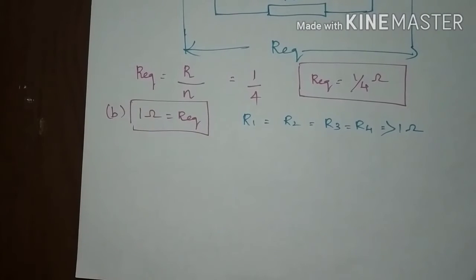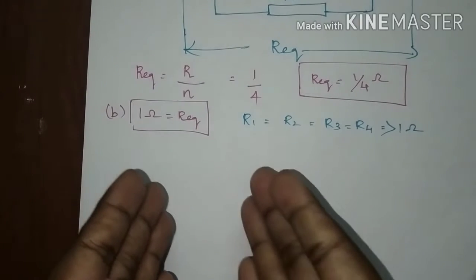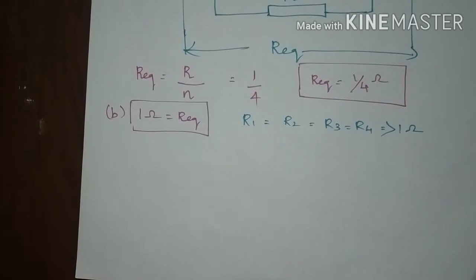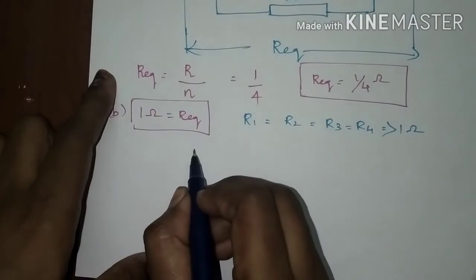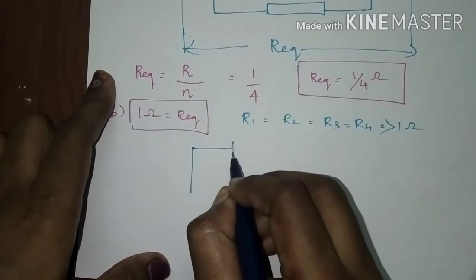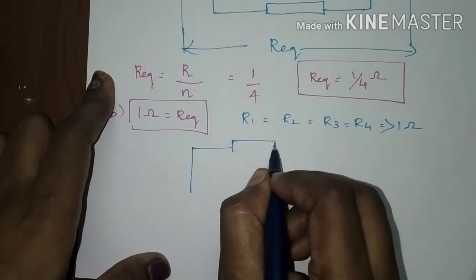But we need an equivalent resistance of 1 ohm, so the 4 resistors must be connected in such a manner as to get 1 ohm. We can make that. Here also we have to make a parallel connection.